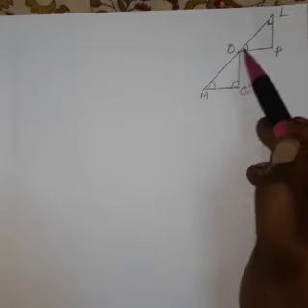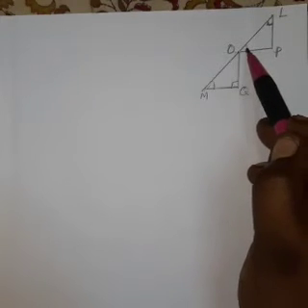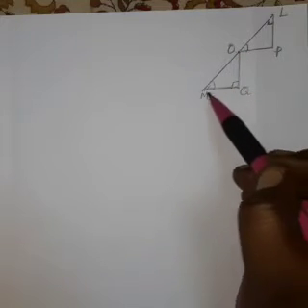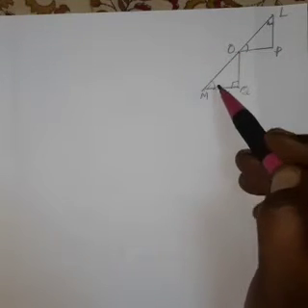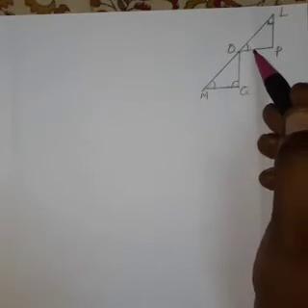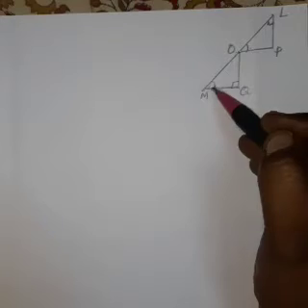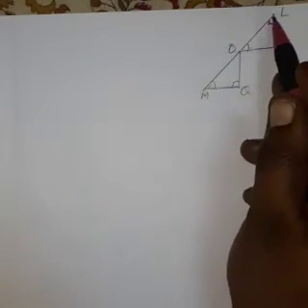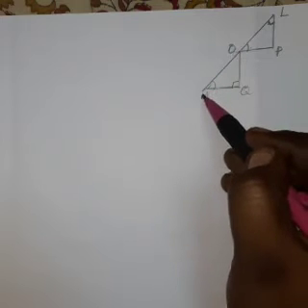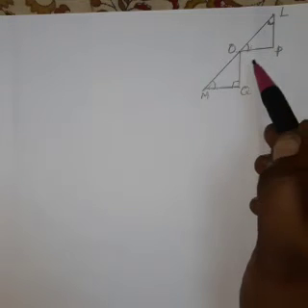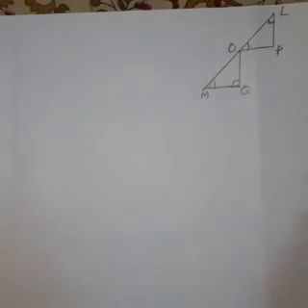LOP is this angle, and QMO is this angle. These two angles are corresponding angles. In the 7th standard itself we studied that corresponding angles are equal. This line we can extend and this line extend. OM is a transversal, so the corresponding angles are equal, and we can say these two angles are equal.